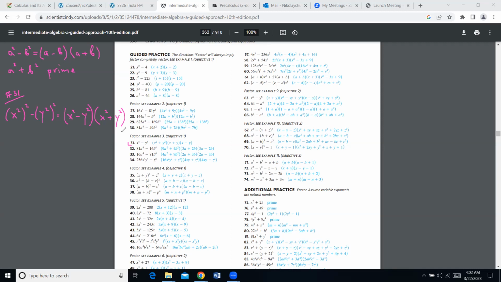And then what I can do is keep working on my first parentheses. I can write this as x minus y times x plus y, without squares. And don't forget about the second factor, the second parentheses with x squared plus y squared, which is non-factorable, or in other words, it's prime.